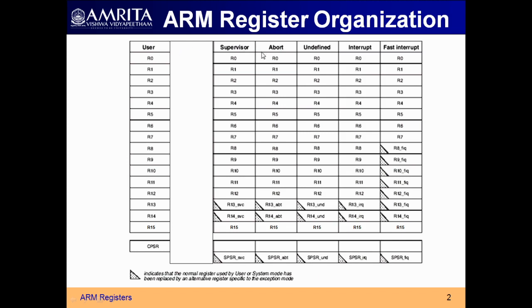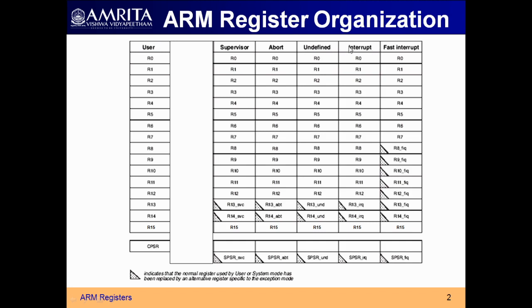Similarly, when the processor is trying to fetch some data from a memory and it is unable to get the memory data, the processor will move from user mode to abort mode. Then in some other cases, processor is trying to execute an undefined instruction, so the processor will move from user to undefined mode.